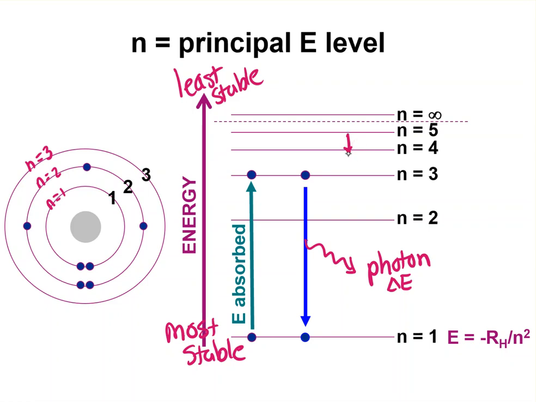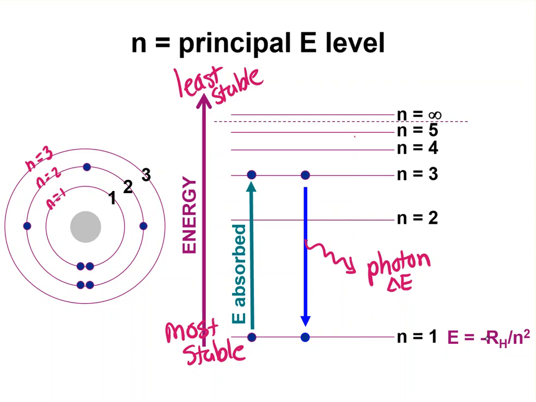It could fall more. It might do it in steps, but each step that it falls, it only releases one packet. And definitely it could fall all the way and release a very big packet of energy, which means a high energy photon.